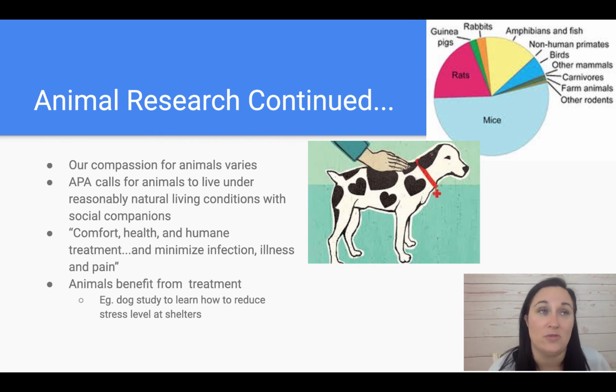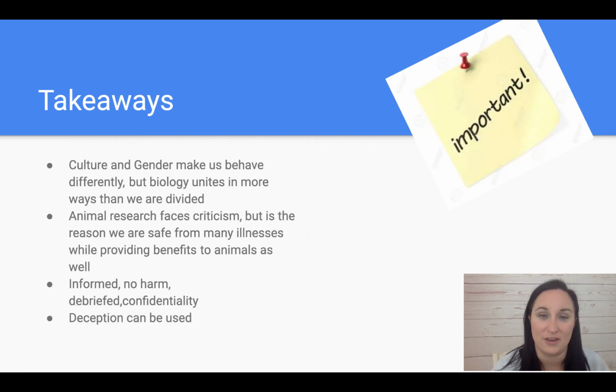They have to recreate the natural habitat as much as they possibly can, and they also have to live in a habitat with other animals of their species. So those are just some ways that they keep things ethical.